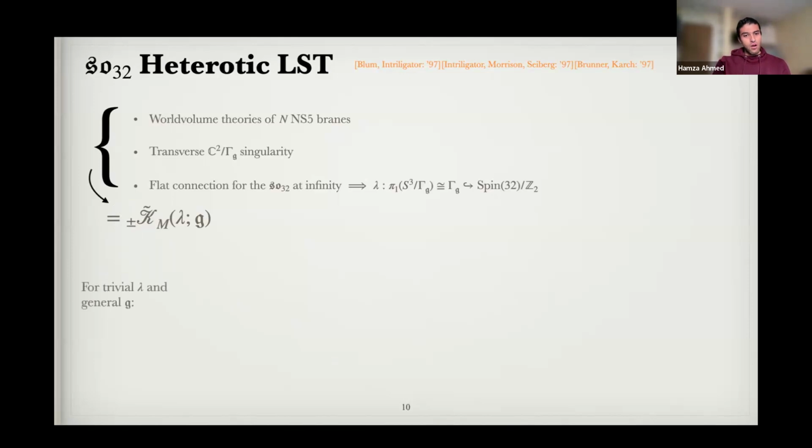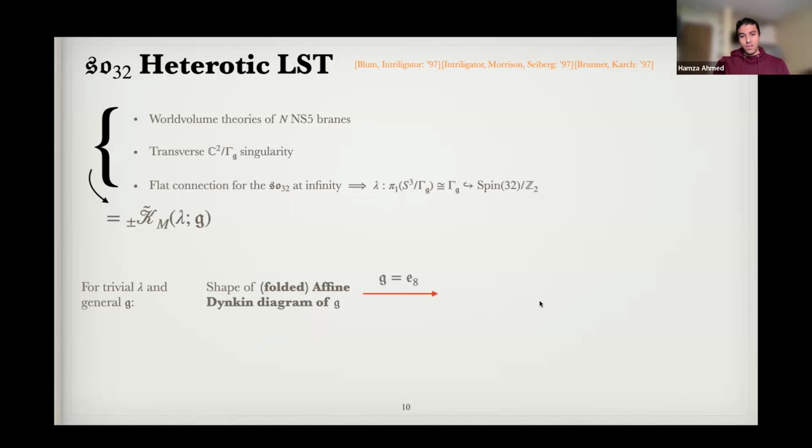So let me show you how these theories look. Consider the case where the flat connection is trivial, and we have some general singularity G. In this case, the theory on the tensor branch takes the shape of the affine Dynkin diagram of the singularity, or its folded versions. And so let me show you this via an example.